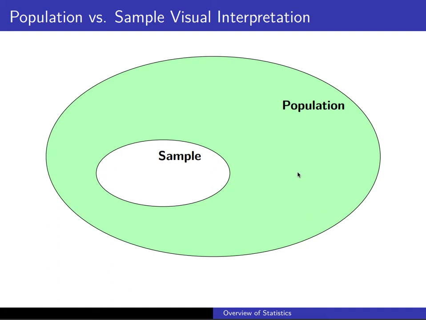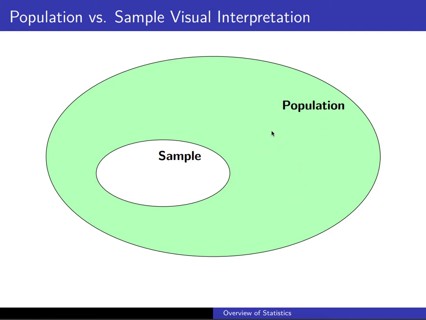So, for instance, if we're looking at a population of 2015 Ford F-150 trucks, we wouldn't want our sample to include something like maybe a Dodge Charger. So we'd want to make sure our sample is a good representation of our population, and big enough to get valid information about the population.